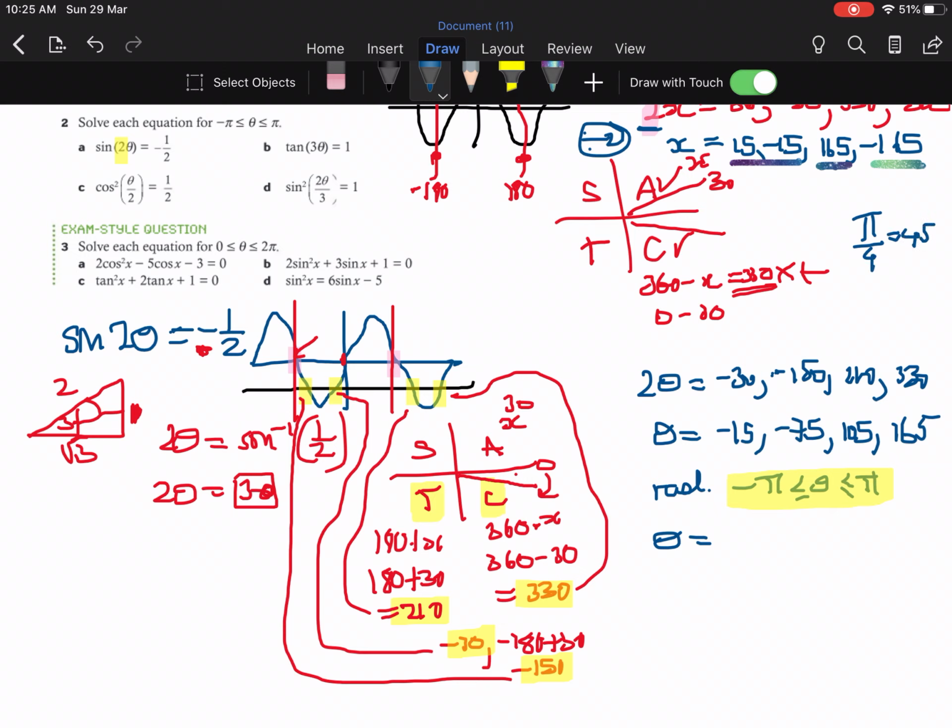Well, to get 45 into 15, I would divide it by 3, wouldn't I? So if I divide 45 by 3, that means I need to divide pi by 4 by 3, which will then become pi by 12. So negative 15 is going to be negative pi by 12.